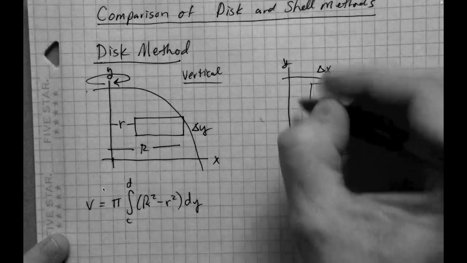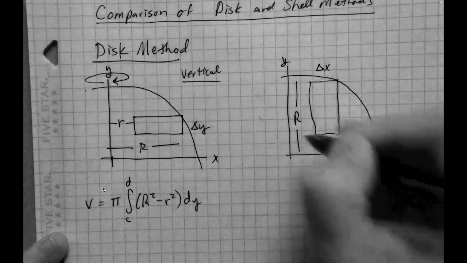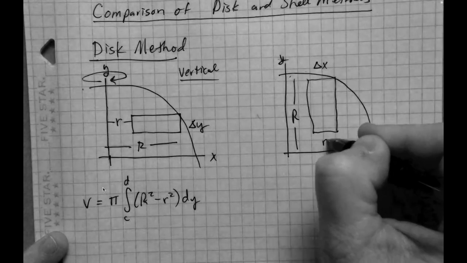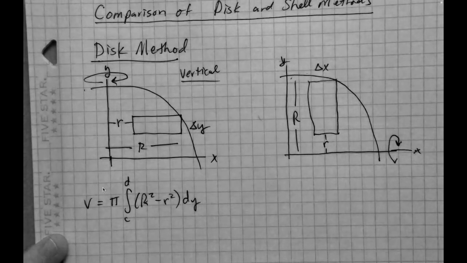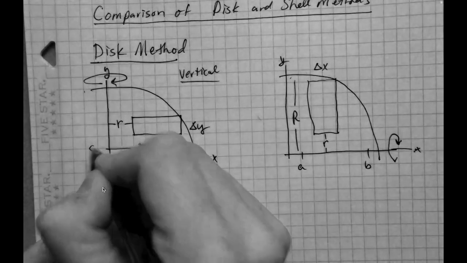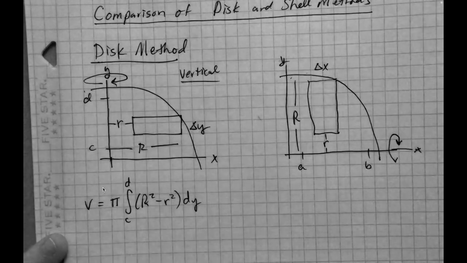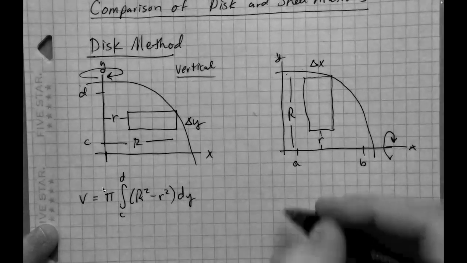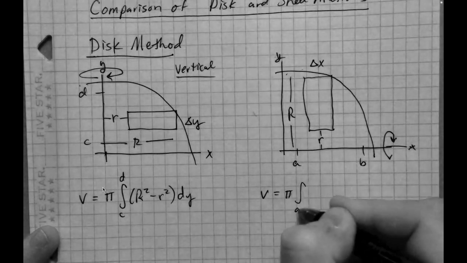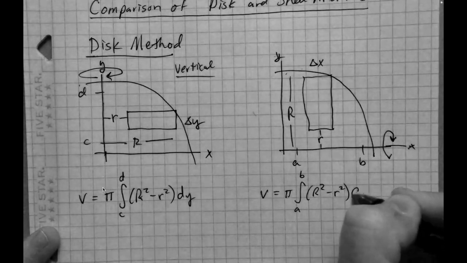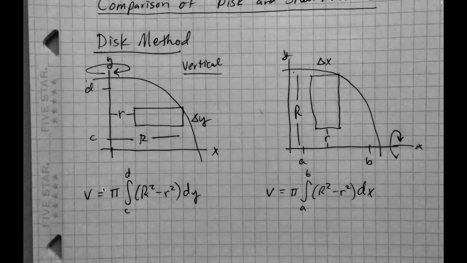It means our outer radius is, typically the function of x. Our inner radius is also a function of x. We've got our bounds a to b. So I didn't put c to d on here, but I'll write that. Right, so it's basically the same thing, just kind of flipped, right? So here the volume is equal to pi times the integral from a to b of, again, big R squared minus little r squared, integrating across the x-axis, okay, dx.